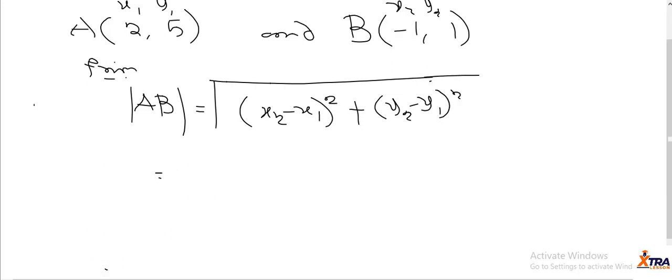So now let's substitute for AB. Substitute for the values of x1, x2, y2, y1.